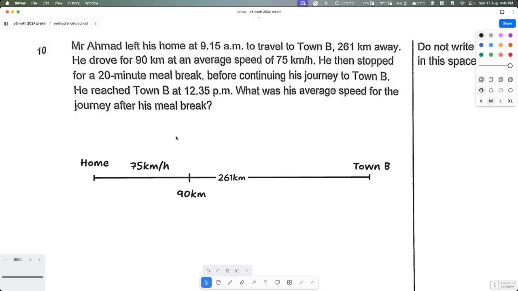He then stopped for 20 minutes before continuing his journey. Then he started at 9:15 a.m. and ended at 12:35 p.m. That's what you see over here.